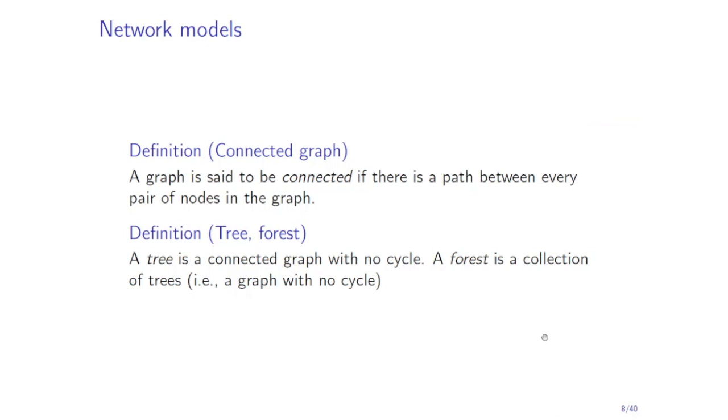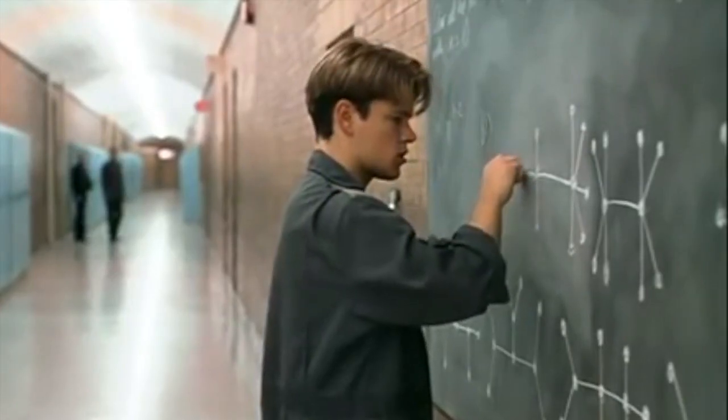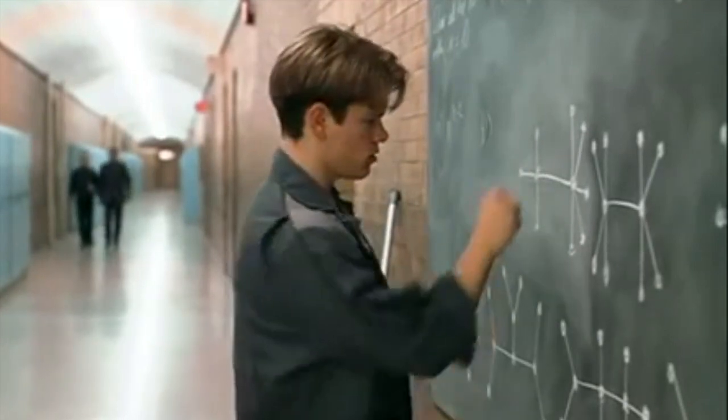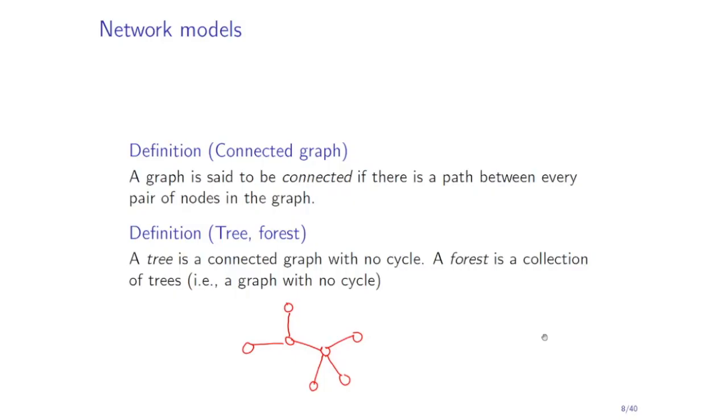So consider this thing, for example. This is a tree. Why? Because I cannot find any cycle in this graph. Remember, a cycle is something like this. There is no cycle in this graph, so we say that it is a tree.